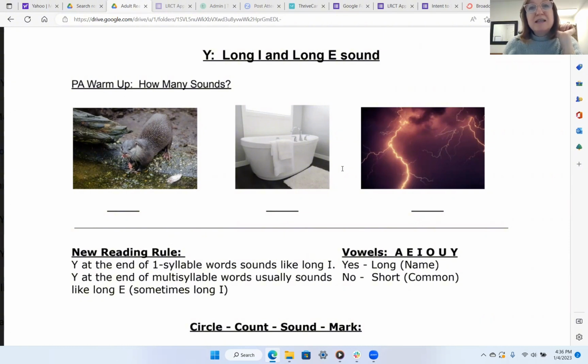So, thunder. How many sounds in thunder? I want you to stretch it out so you can really hear them all. Let me do that for you. It starts with your tongue between your teeth with a voiceless sound. Thunder.